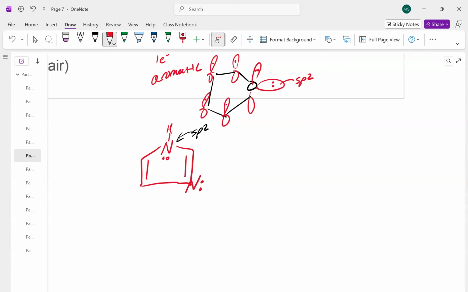Now, how many pi electrons are here? Okay, so let's use our quick rule. If the heteroatom already has a double bond to it, it only contributes one pi electron. Its lone pair, this lone pair right here, is stuck in an sp2 orbital.